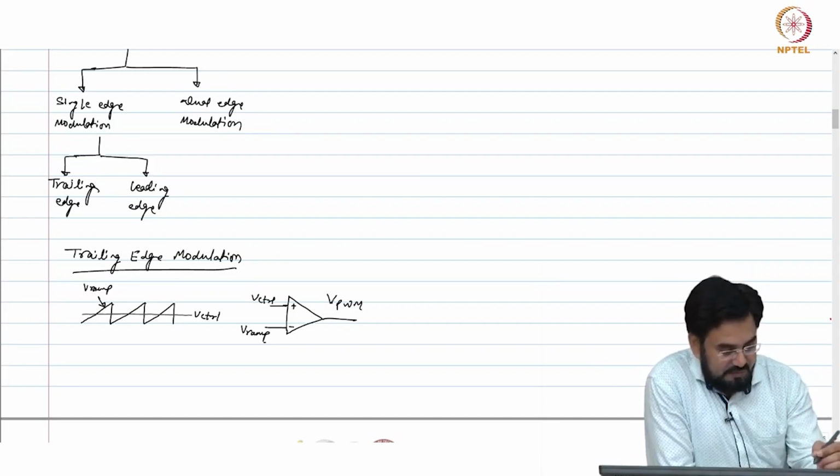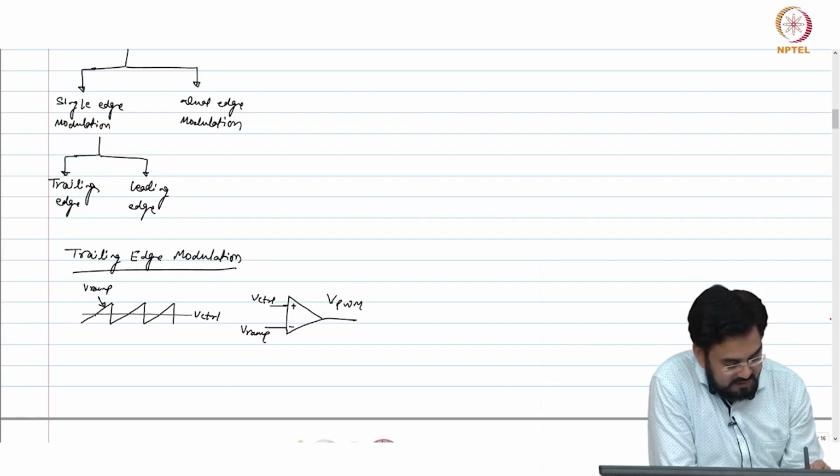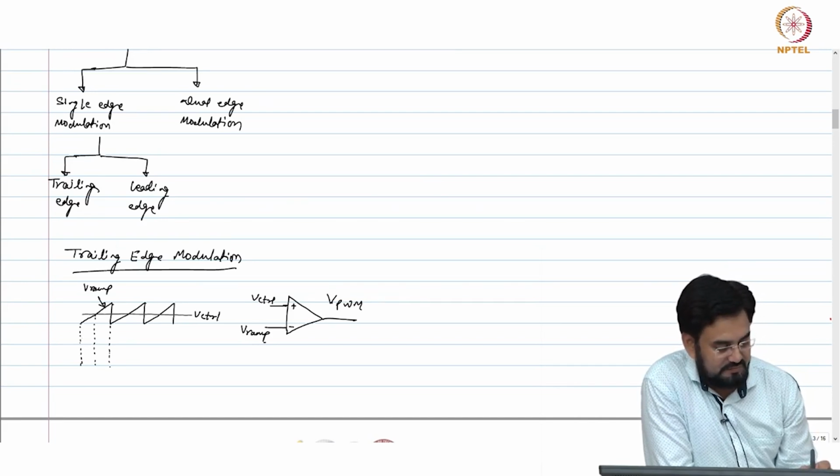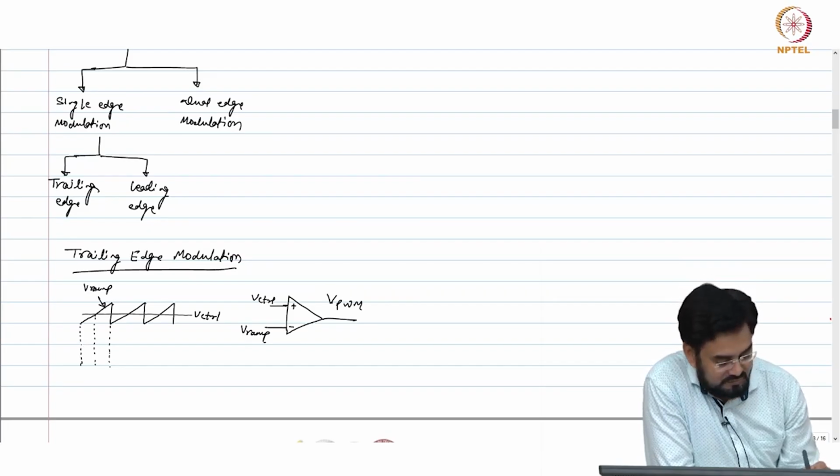If I want to plot V PWM, how will it look? In this first region, will PWM be high or low?